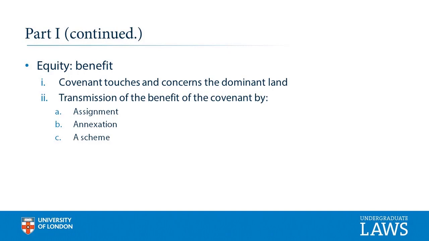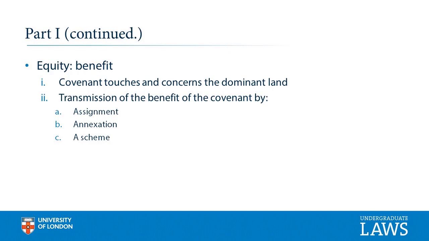For example, the covenantor can covenant with the covenantee and his successors in title with the intention of permanently benefiting the dominant land. This would be a clear express annexation.